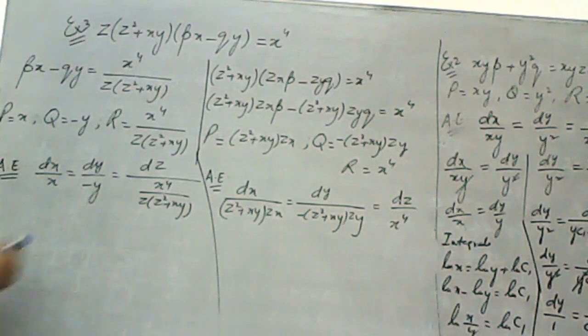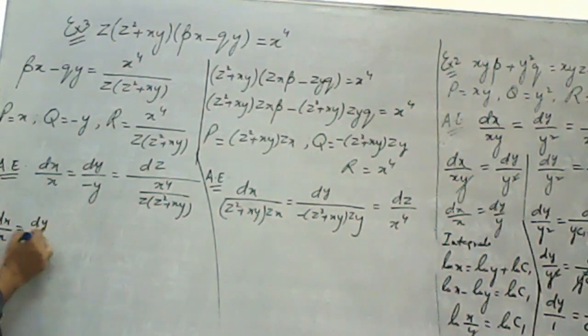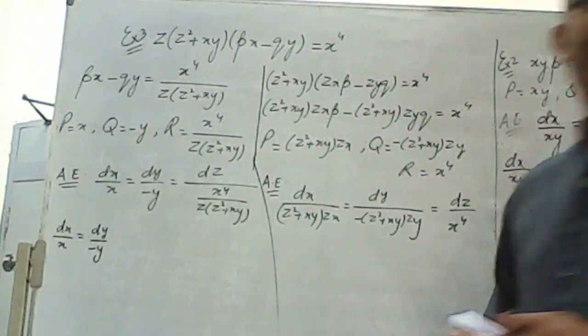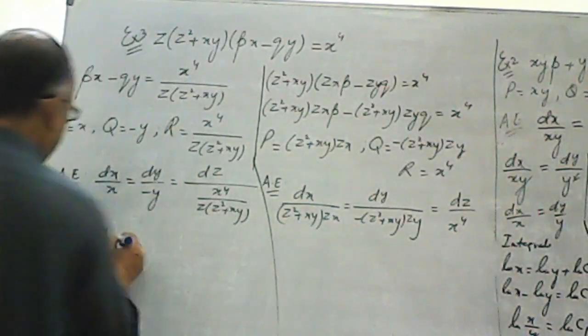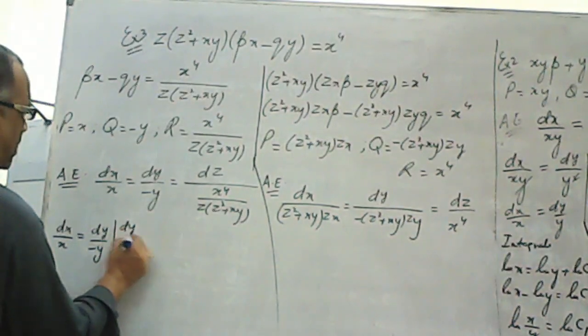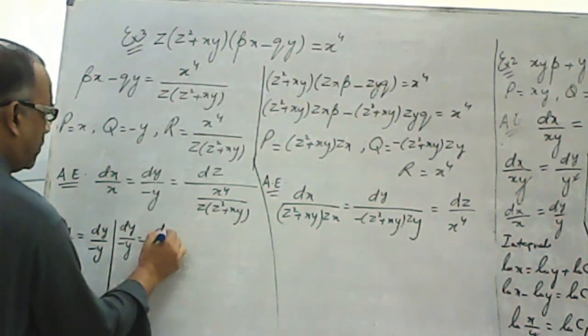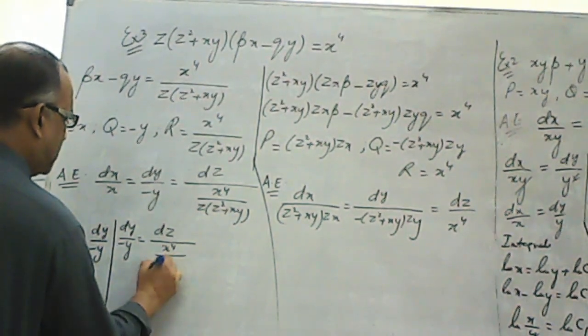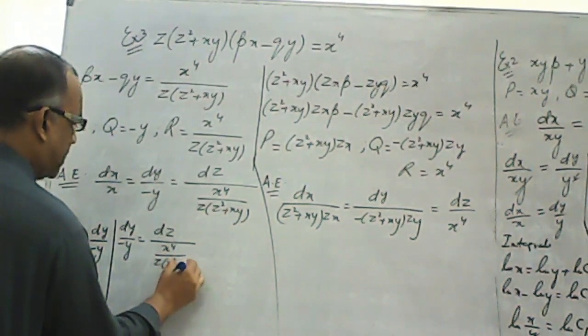Look here, if I make the three possible pairs: pair number 1, dx over x equal to dy over minus y. Then pair number 2 will be dy over minus y equal to dz over x power 4 upon z square plus xy.